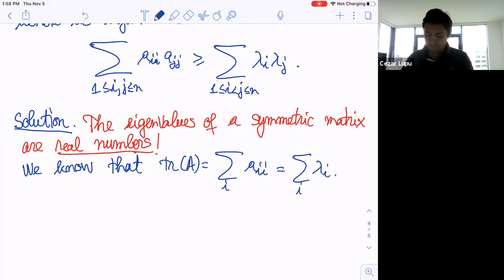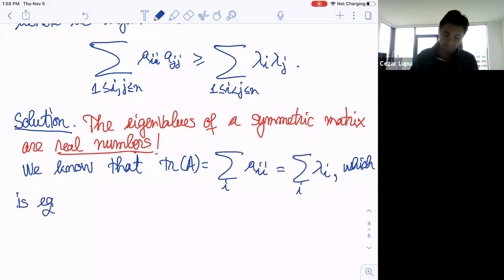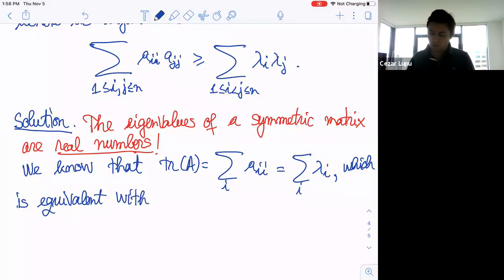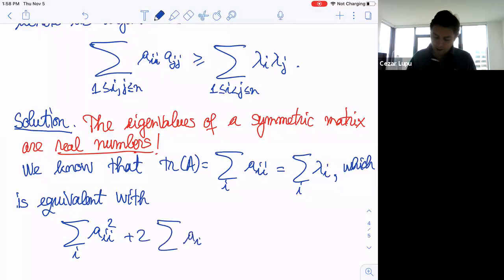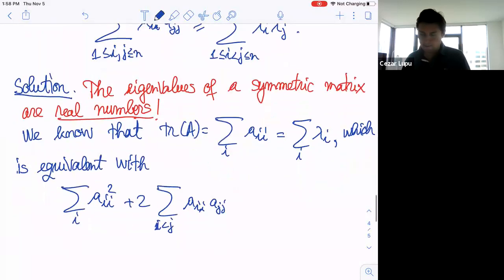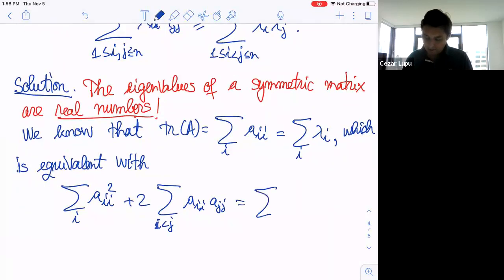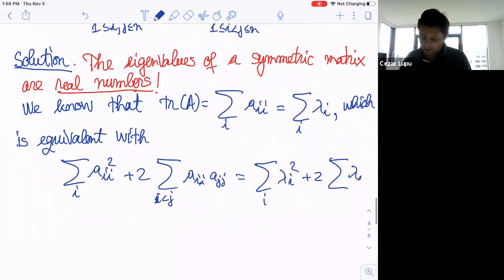Now squaring this, it will be equivalent with the sum of a_ii squared plus 2 the sum of a_ii a_jj for all i less than j, and this will be equal to the sum of lambda_i squared plus 2 the sum of lambda_i lambda_j, with i less than j.